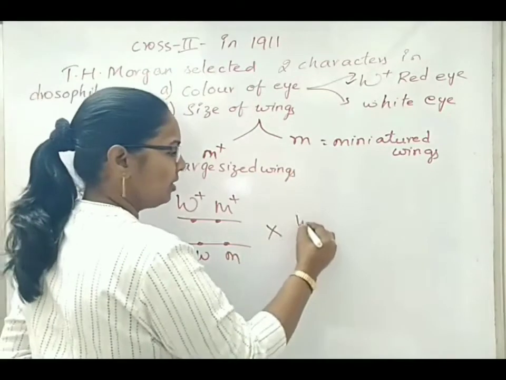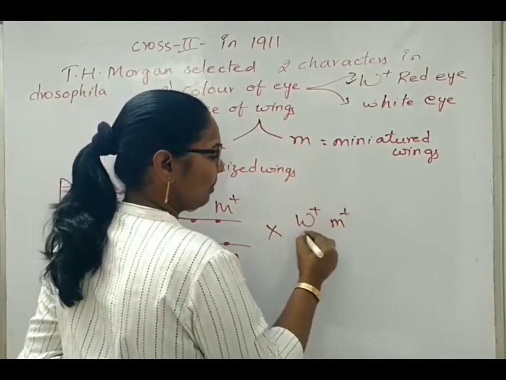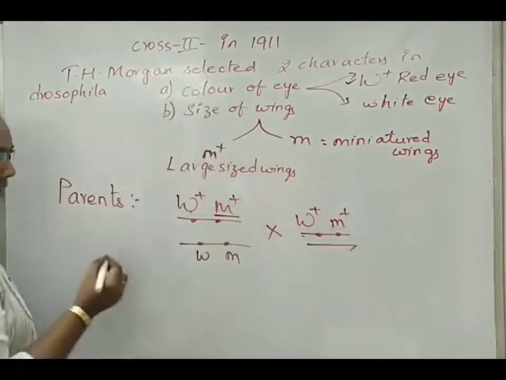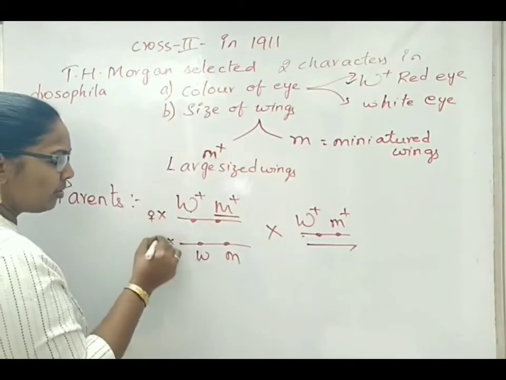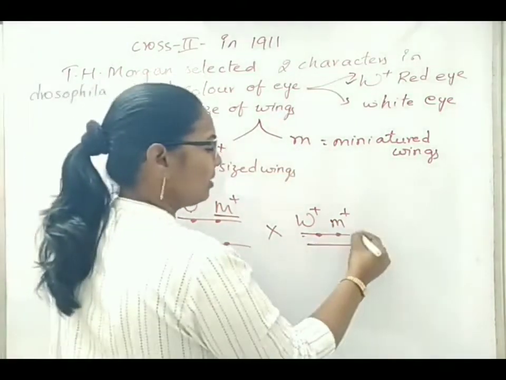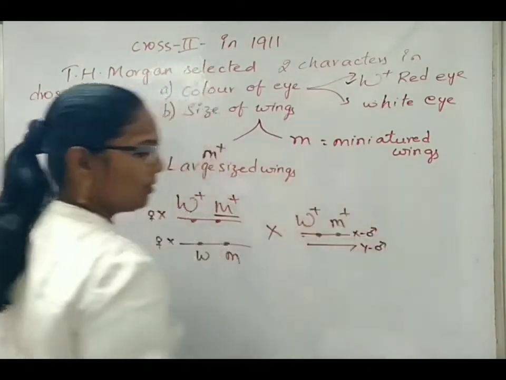When it is crossed with a normal red color eyed and large sized wing male, here this is the X chromosome of female, this is the X chromosome of female. Here this is the X chromosome of male, this is the Y chromosome of male.